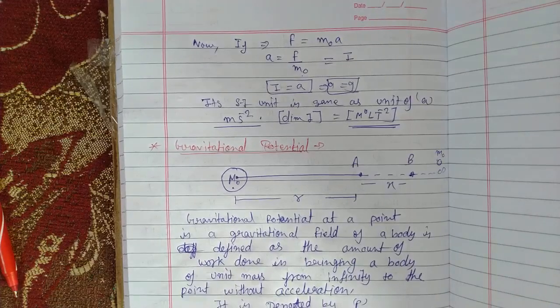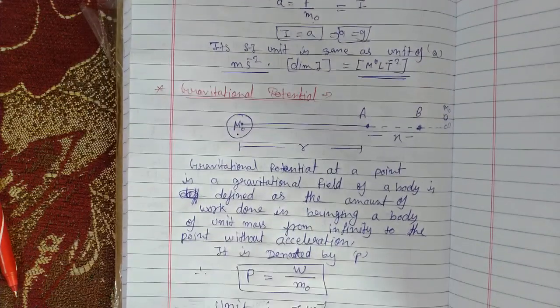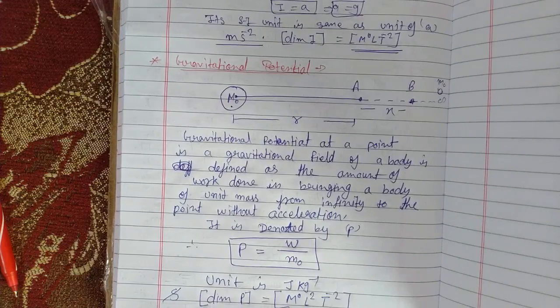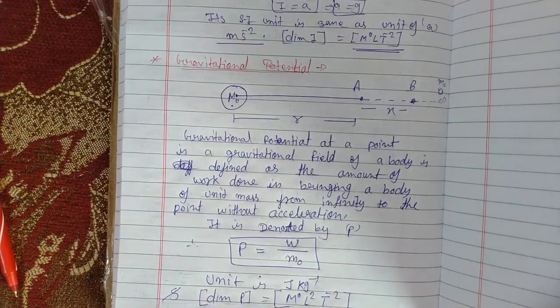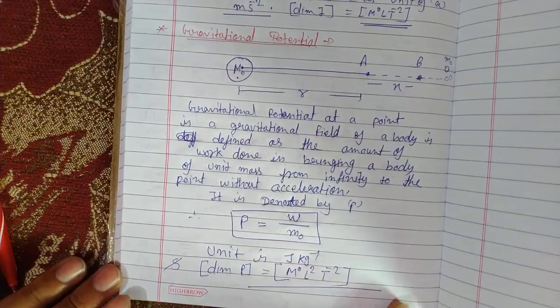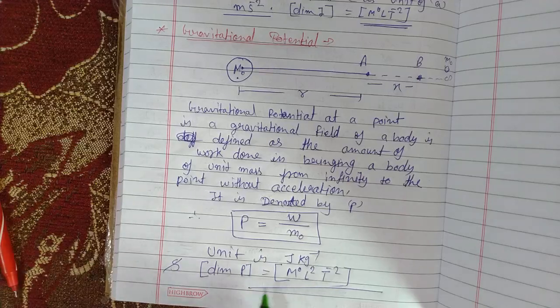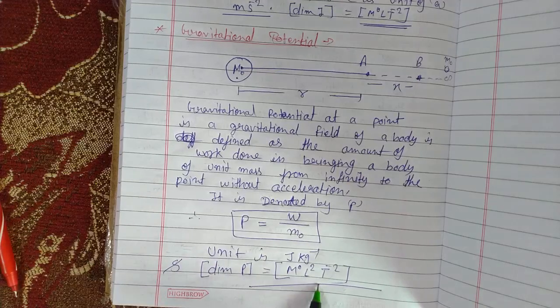Okay, so this is the unit and dimensional formula of gravitational potential.